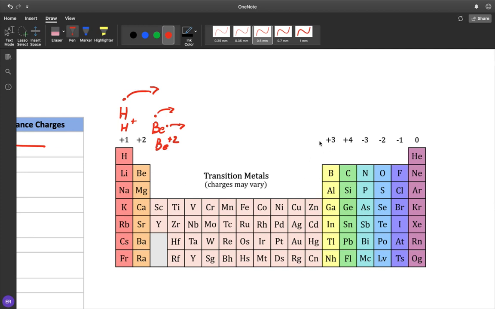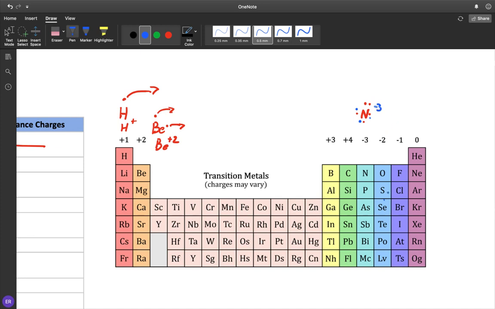So 3 becomes plus 3, 4 becomes plus 4, and then once we get to 5 valence electrons, so N has 1, 2, 3, 4, 5. Now, group 5 is going to actually want to take electrons in order to get its octet, in order to have a complete octet. So that means it's going to gain 3 negatives. So if we gain 3 negatives, it's going to be -3.